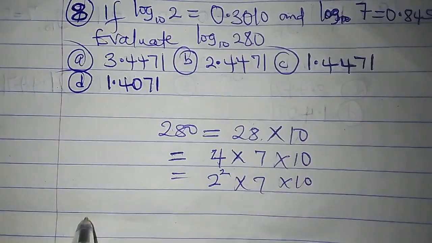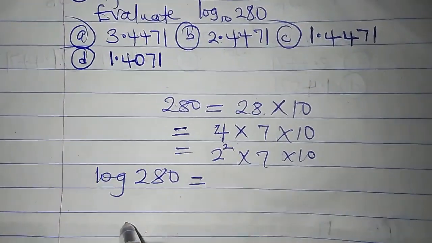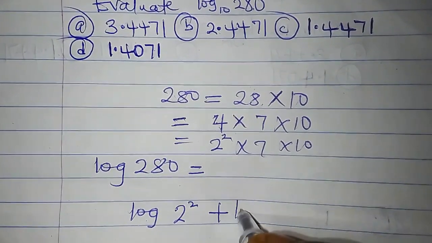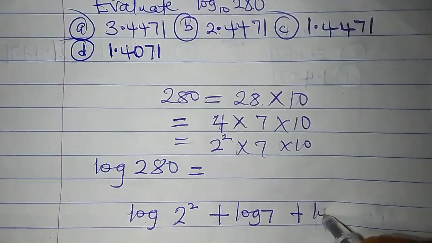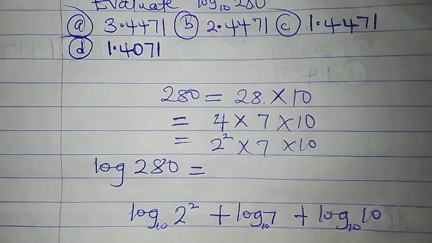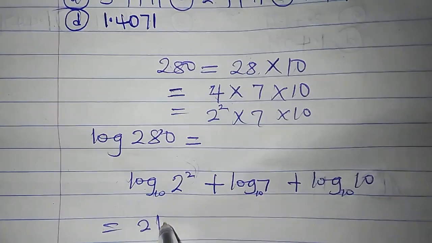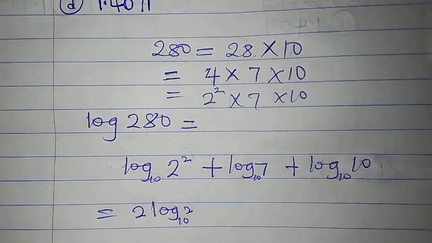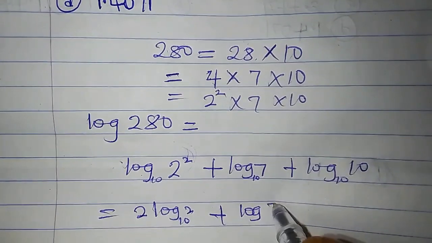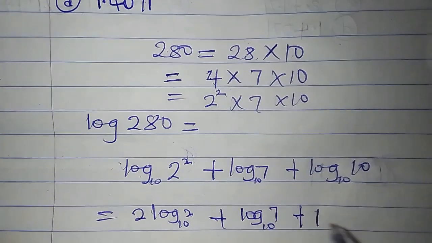That means that log 280 to base 10 is equal to log 2 squared plus log 7 plus log 10, all of them to base 10. And this is equal to 2 times log 2 base 10, that means this 2 here will stay at the front, exactly what we've been doing, plus log 7 base 10, plus, I know what log 10 base 10 is, it is 1.